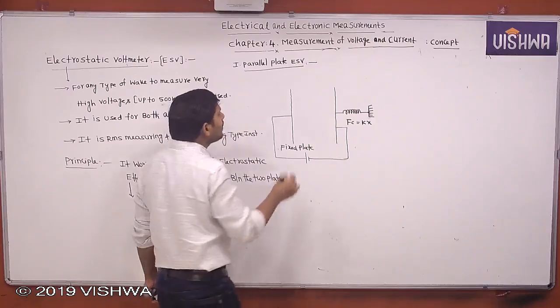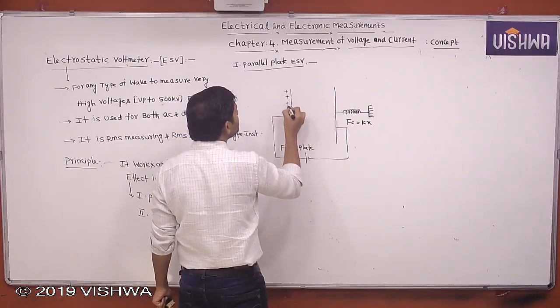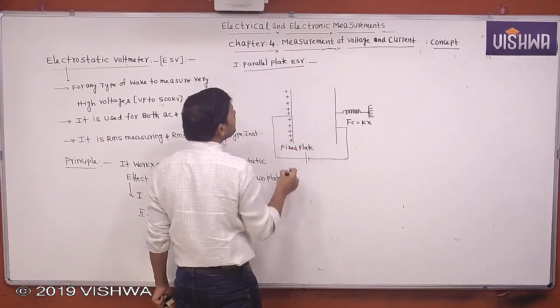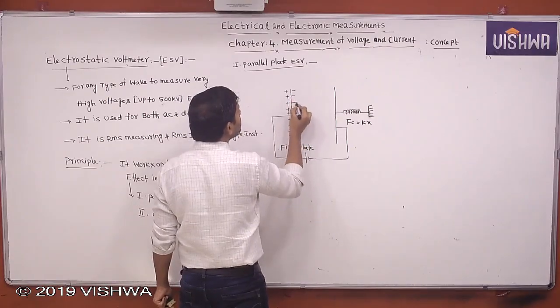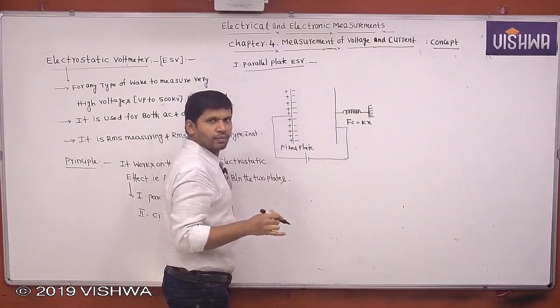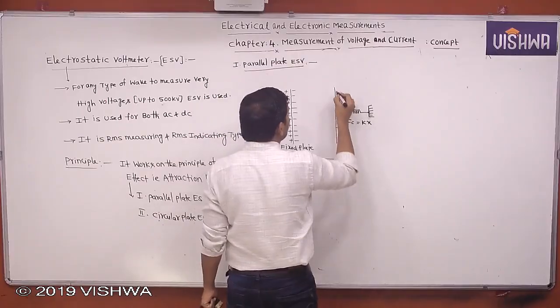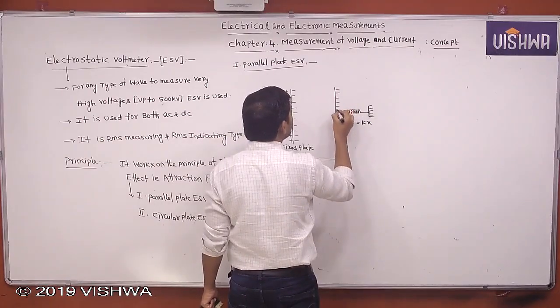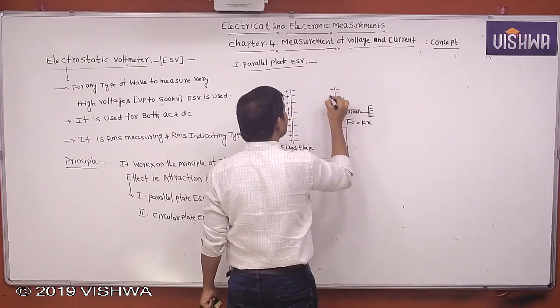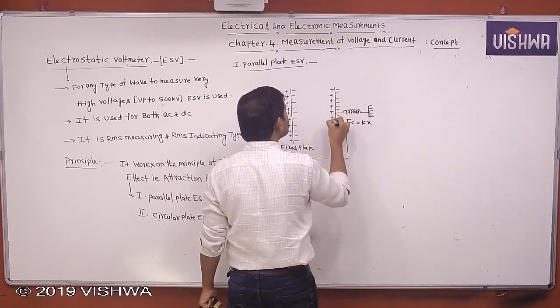Whenever voltage is applied like this, on the outer side of the plate it is plus, but on the inner side opposite charge is induced. This concept you know from the capacitor. The outer side is negative, and on the inner side of the plate opposite charge is induced.